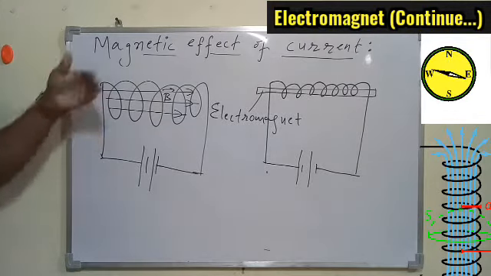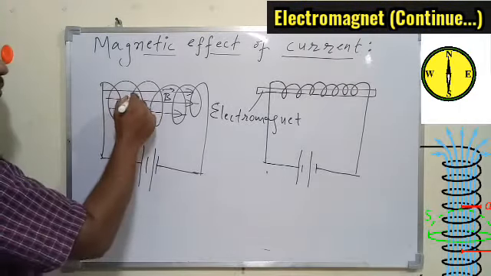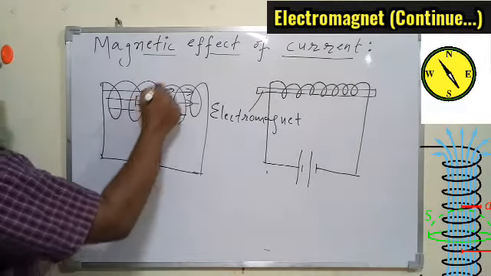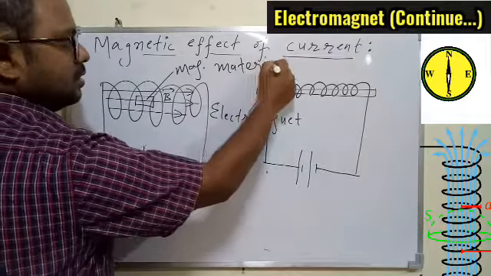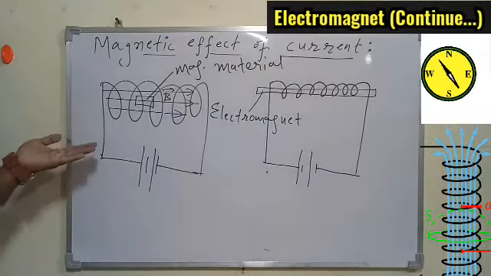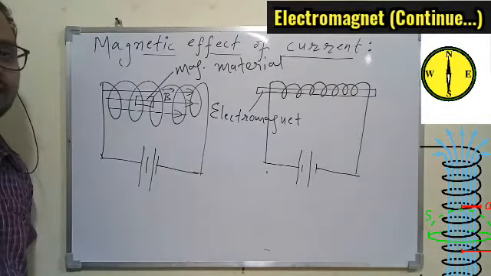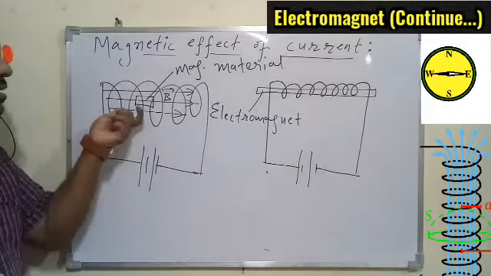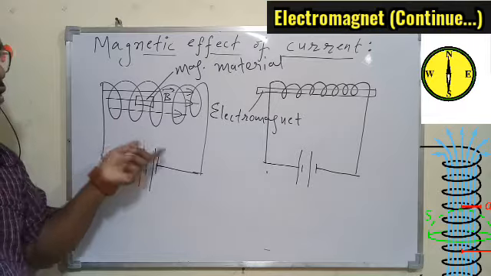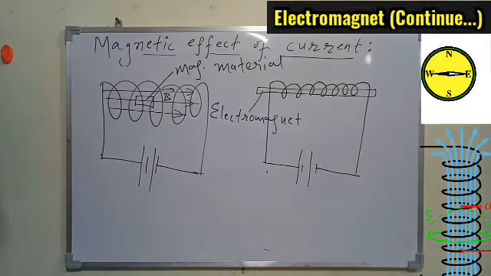So within this solenoid we have the magnetic field, and within this space if we place any magnetic material, what will happen? It will get magnetized, because we understood any magnetic material when placed in an external magnetic field gets converted into a magnet. Same thing is happening here, that is, this magnetic material will get magnetized when it is placed within the magnetic field of the solenoid, and that is the concept of an electromagnet.